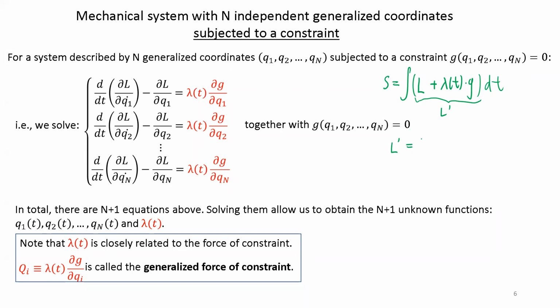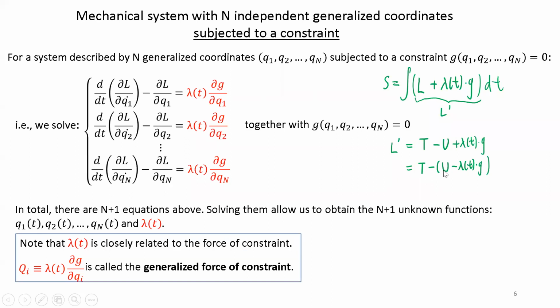What is L? L is the kinetic energy minus the potential energy, and then plus this lambda t times G. Let me regroup the second and the third term, so I'll write it as U minus lambda t times G. In this L prime, the first term is the kinetic energy, no question asked.